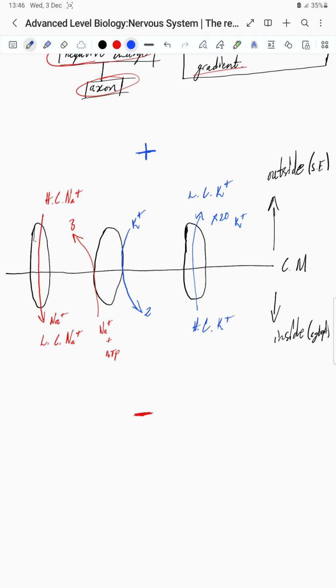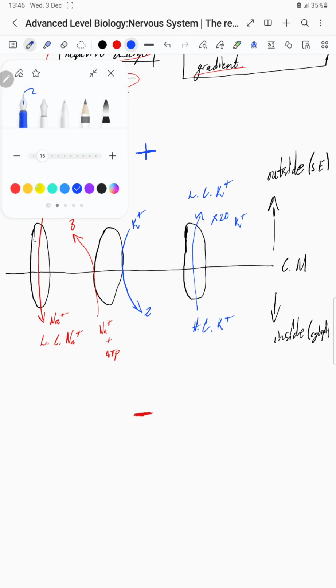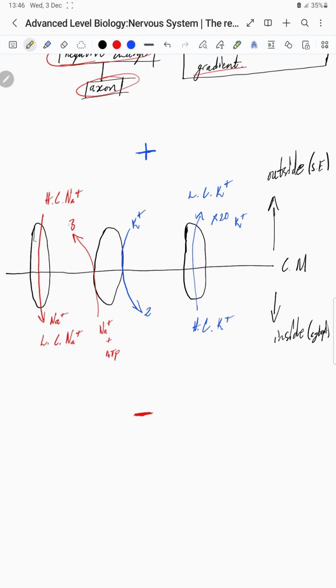If you look at it, just combining, there are three ions going outside by active transport plus the 20 going out by diffusion, and here we have two going in by active transport and just one going in by diffusion.